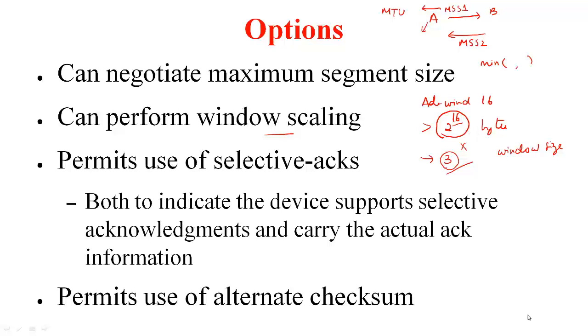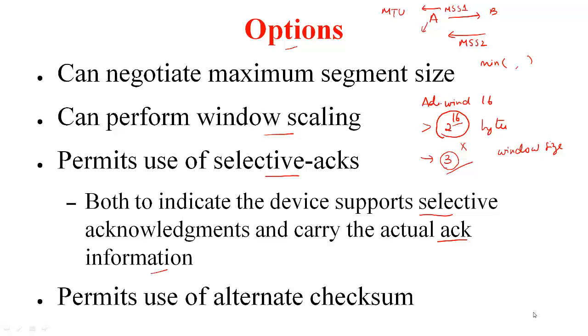We talked about selective acknowledgements before. These are much more efficient than cumulative acknowledgements. Now, if you want to use these features, you can do so using the options field, where at the connection setup, you can indicate that you can support selective acknowledgements, and if both sides agree, henceforth they can use selective acknowledgements. And the actual selective acknowledgement information is also carried as part of the options fields during the data transfer.